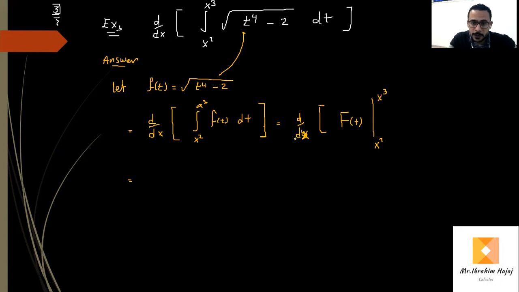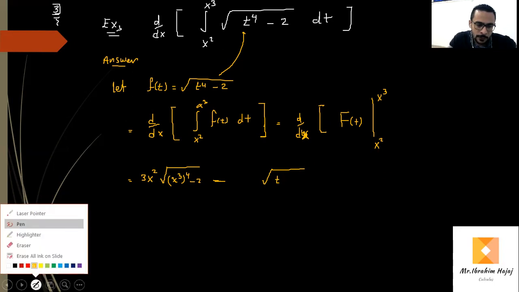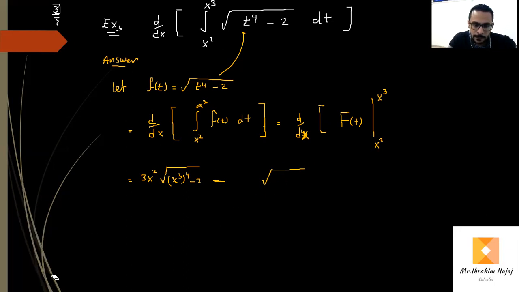Substitute first by x cubed in the function, which gives the square root of x cubed all to the power of 4 minus 2. And then minus, but don't forget to multiply by the derivative of x cubed, which is 3x squared. And then minus, substitute by x squared in the function, the square root of x squared. Why did we put 3x squared? The derivative of x cubed.